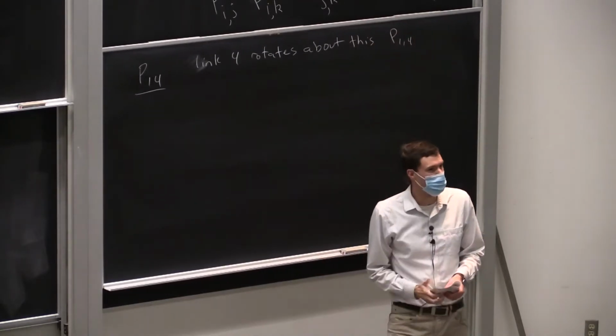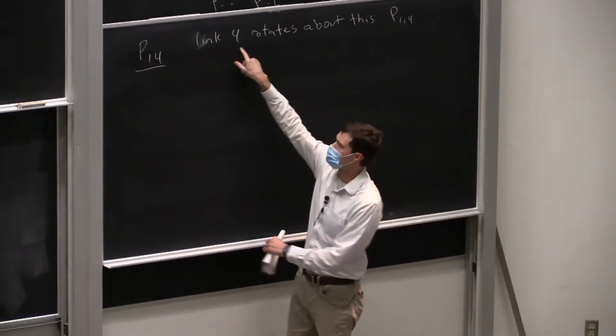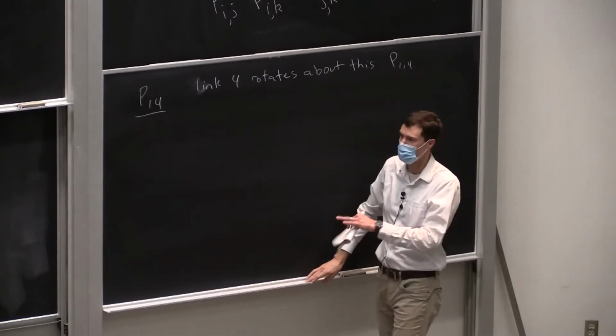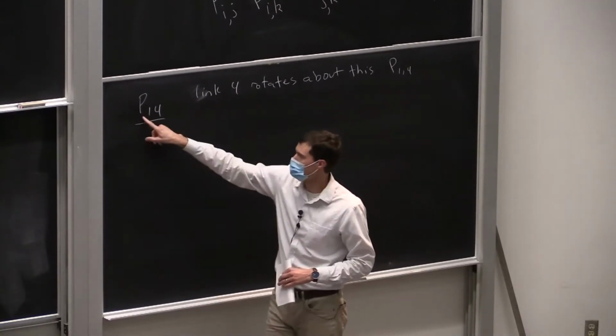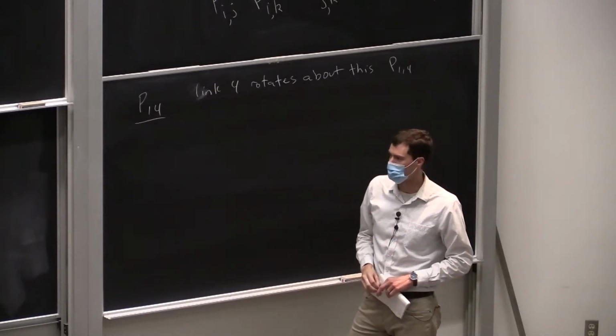Okay, so if we can find that one, that's a nice way of visualizing the motion of link 4. And that it's true because 1 is part of this one. So it's P14. So it's like a point on link 4 where the velocity is 0. We'll think about that again once we find it.